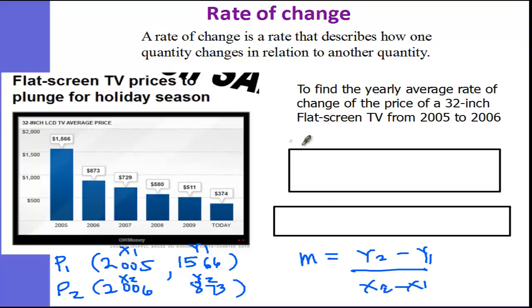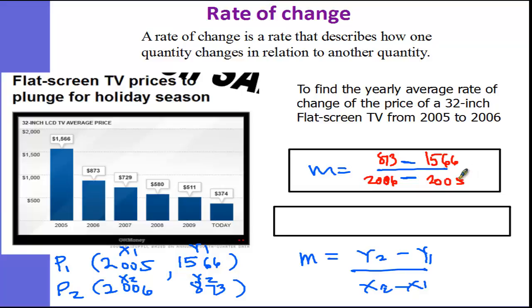It is the change in the price over the change in the year, or change over time. So plugging in, my y2 is 873, my y1 is 1566, x2 is 2006, and my x1 is 2005.